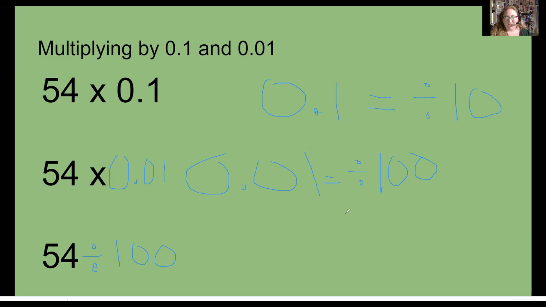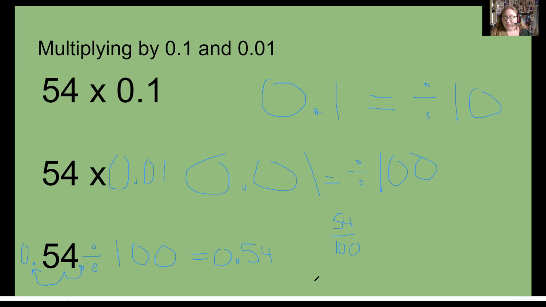You could also think about this like 54 over 100. That's the same as 54 divided by 100. We know that'd be 54 hundredths. But let's check it out over here with our trick with moving the decimal. The invisible decimal's here. We move it 2 spots. Ba-boom! That's 54 hundredths.